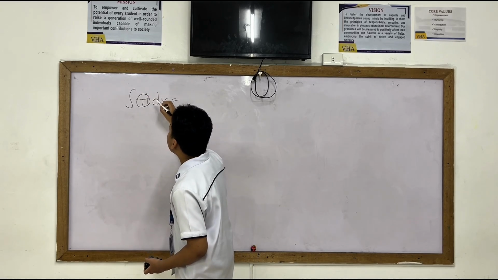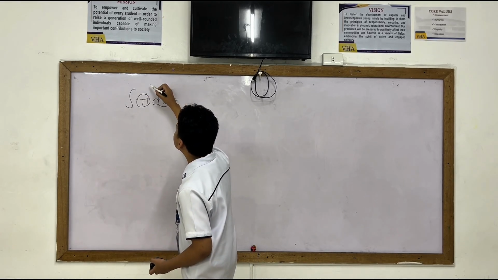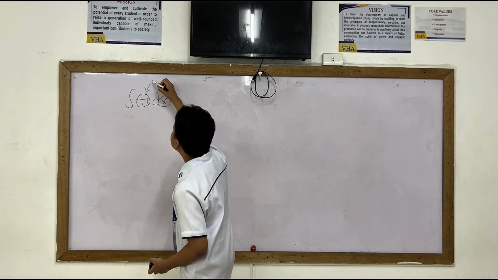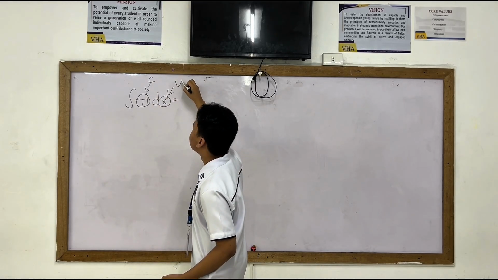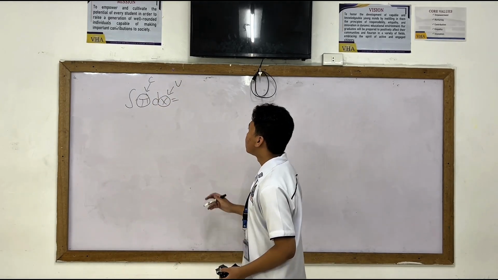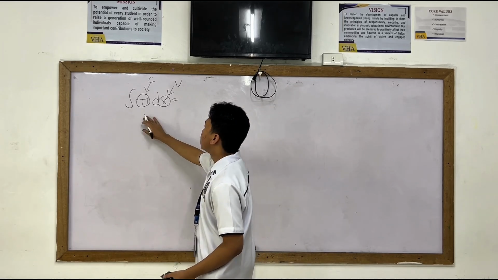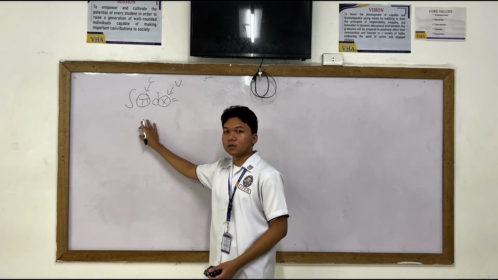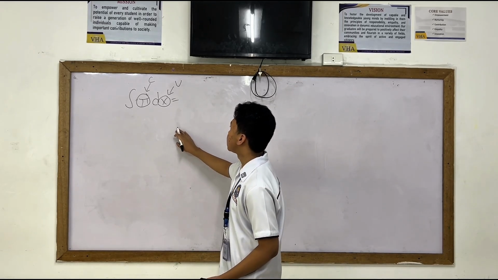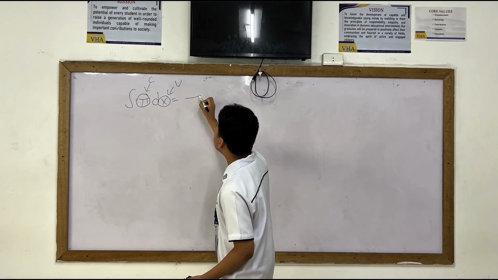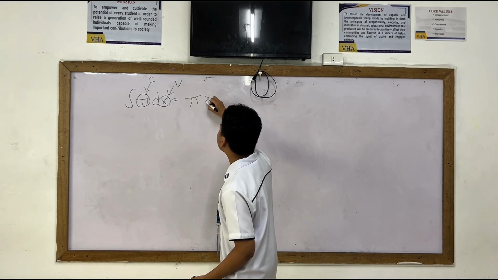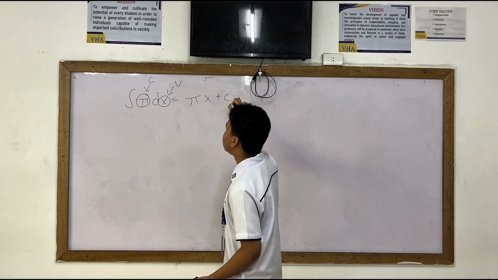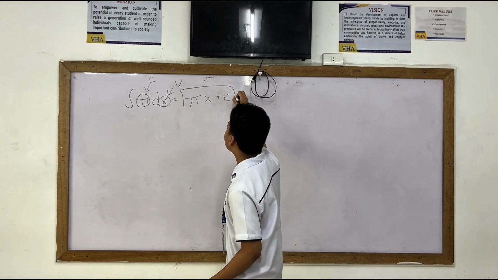The pi is the constant and the x will be our variable. So, when writing the indefinite integral of pi dx, we just simply need to write pi times x plus c. This will be our final answer.